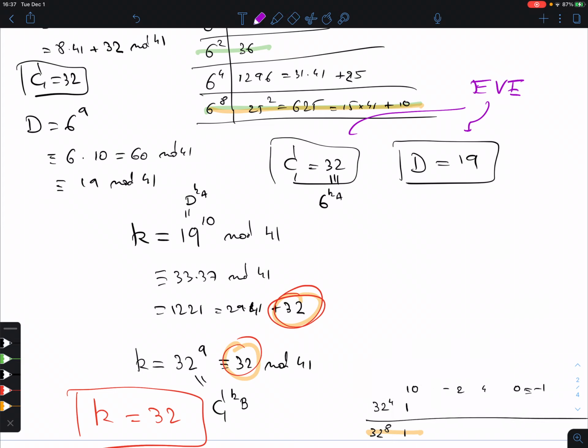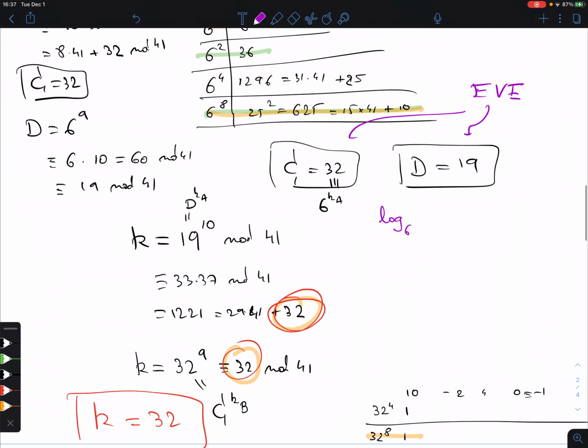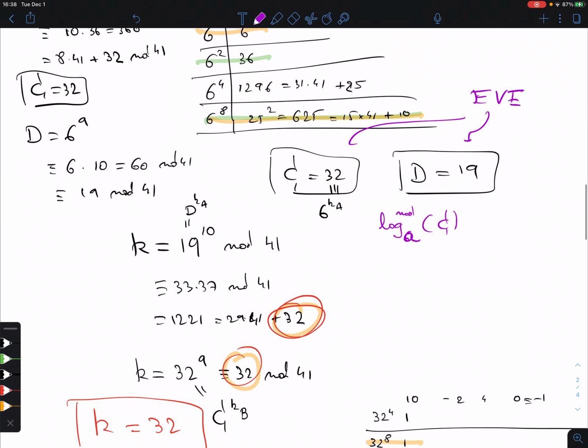Eve says, I take the log 6, or in general, of course, the log of A. So let me write it like that: log A of the number C modulo the modulus, which was P, mod P. And she says, oh, that's okay, because I know A, I know P, and I know C. I know everything. So here it is, I'm done.